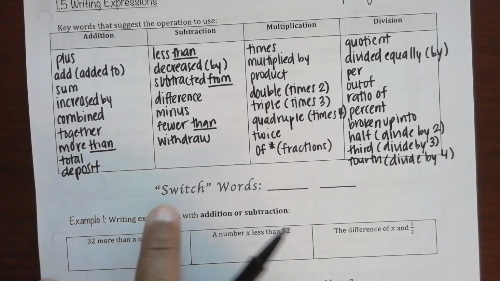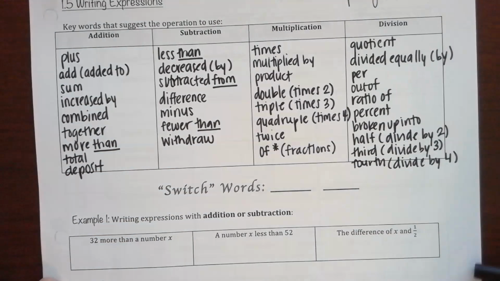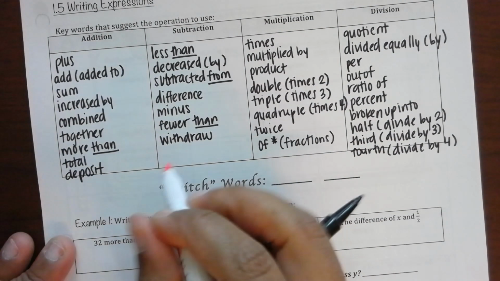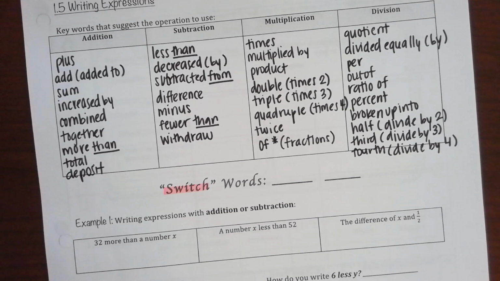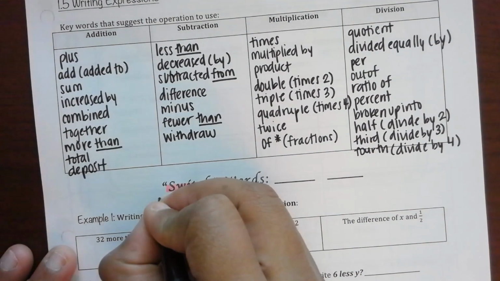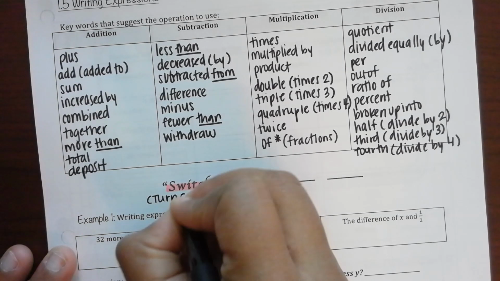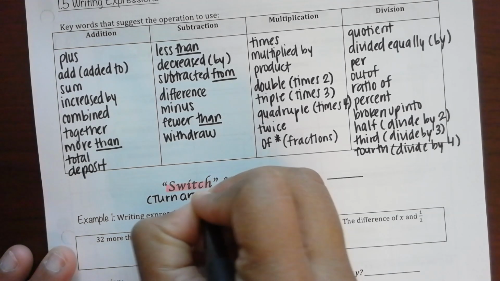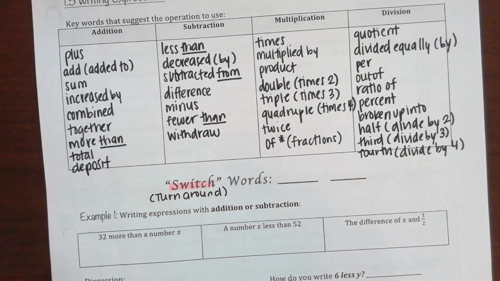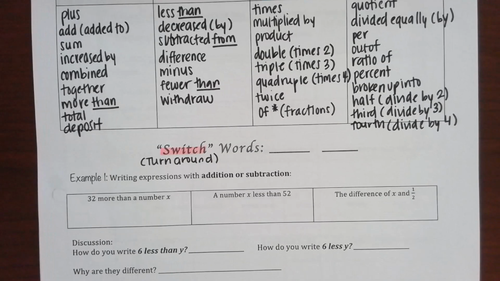So what are my switch words? I didn't call them switch words. I called them turnaround phrases. So I'm going to write that at the bottom. So what were my 2 turnaround words?